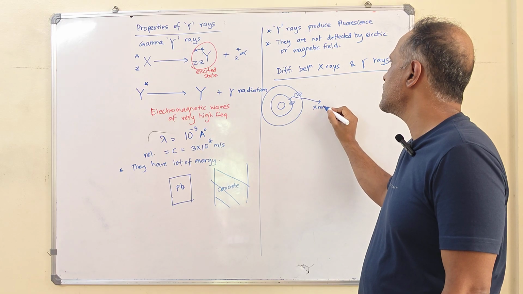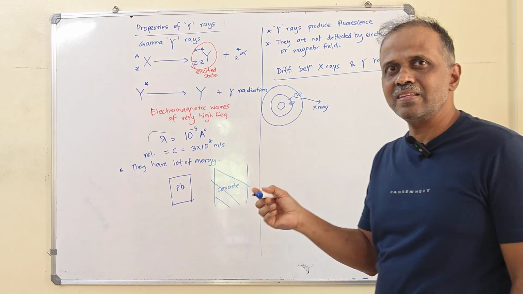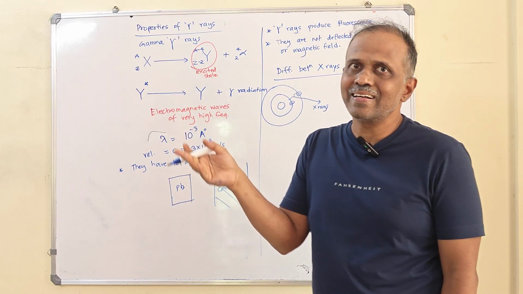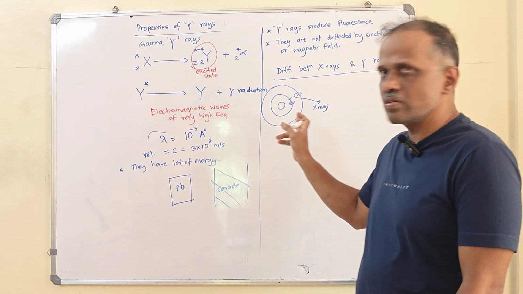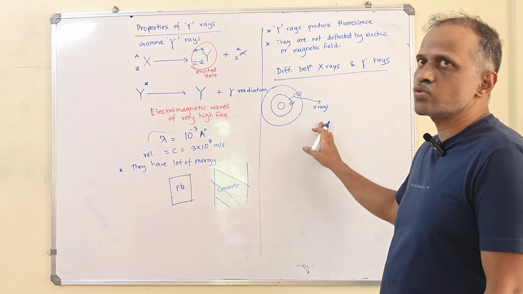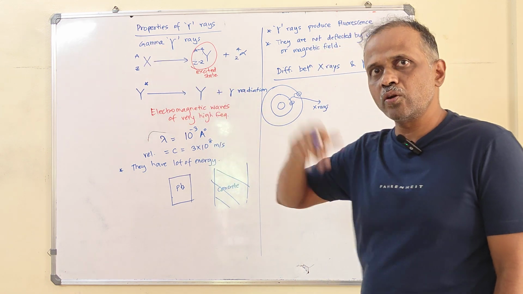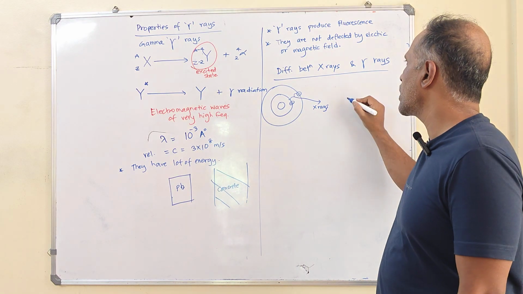We have seen that whenever beta particles, or electrons, are fired onto heavy metals such as tungsten, the tungsten emits X-rays. So the source of X-rays is the de-excitation of an electron from a higher energy level to a lower energy level. Now what about gamma rays?